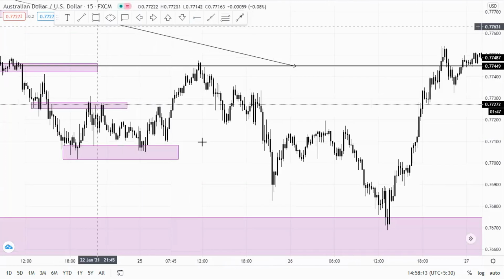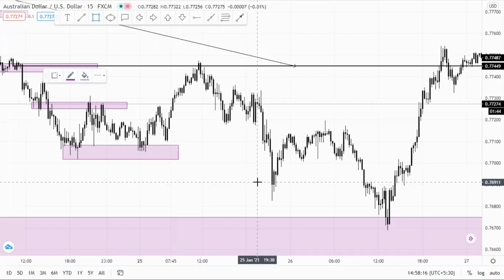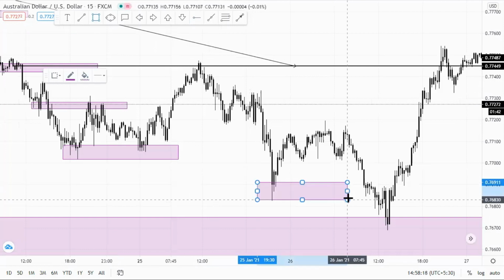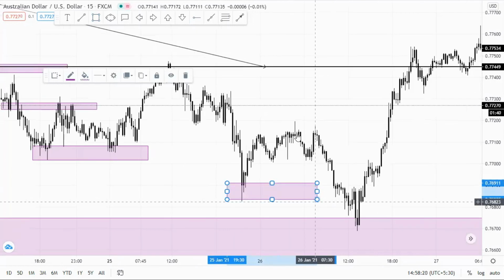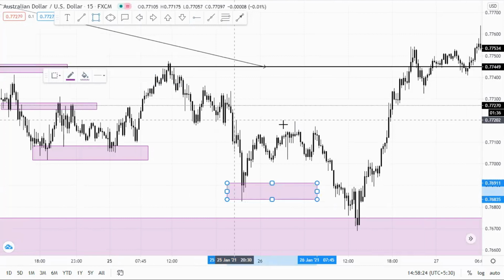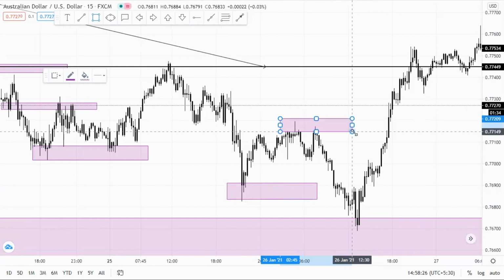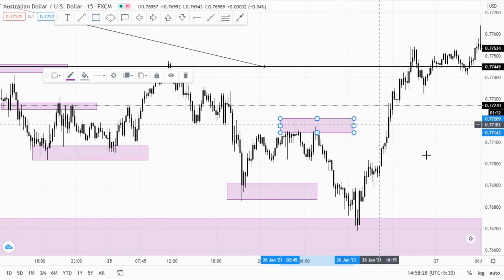See, it came to create a lower low here. Again, it came back here to create a lower high.